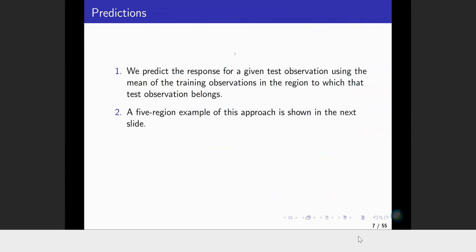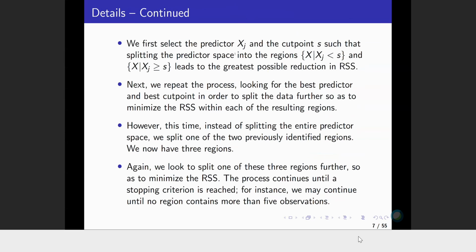Second step: we repeat this process. We're still looking for the best predictor and the best cutoff point in order to split the data further, such that we minimize the residual sum of squares within each of the resulting regions.